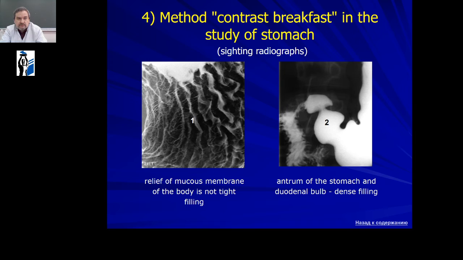The next slide. Method contrast breakfast in the study of the stomach. Sighting radiographs.